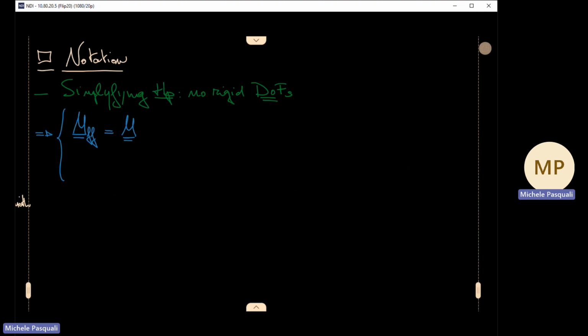But in theory, we are dealing with the MFF. No? Then we have the KFF. We call it K. And of course, the QF becomes our Q. Okay. So what is the basic idea of the reduction techniques?